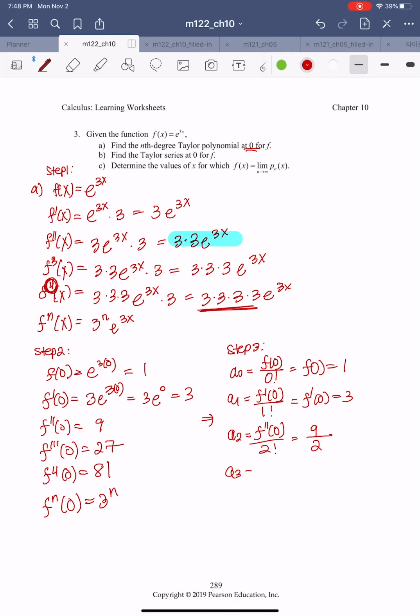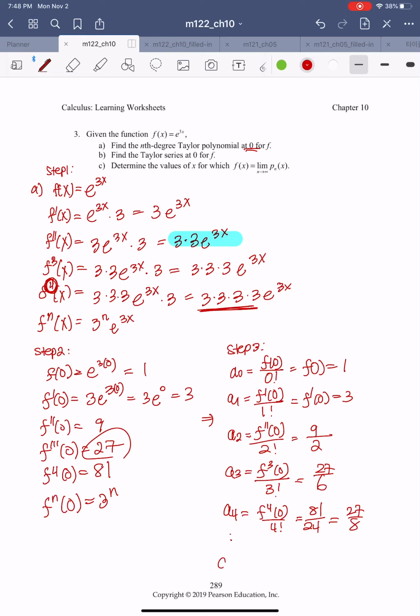A sub 3 will be f triple prime of 0 divided by 3 factorial. The triple prime at 0 is 27, divided by 3 times 2 times 1, which is 6. So 27 over 6. A sub 4, the coefficient for the fourth term, will be the fourth derivative at 0 over 4 factorial, which is 81 over 24, which is equal to 27 over 8.